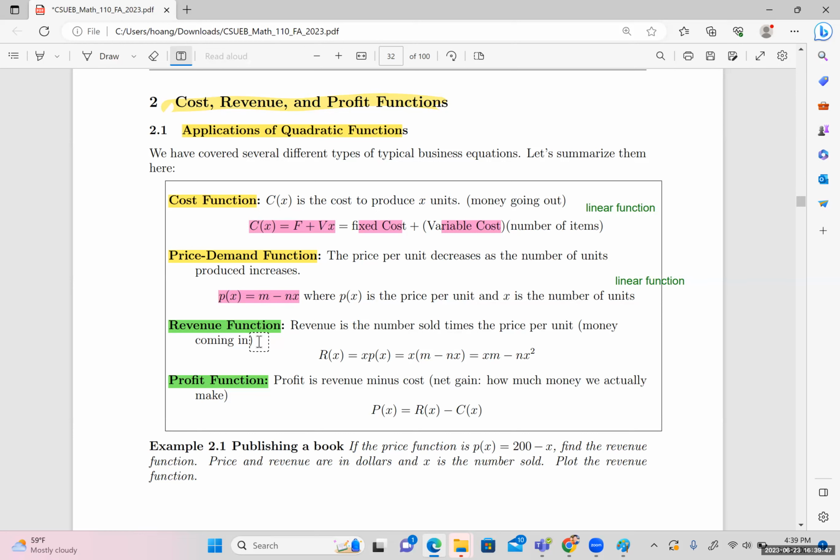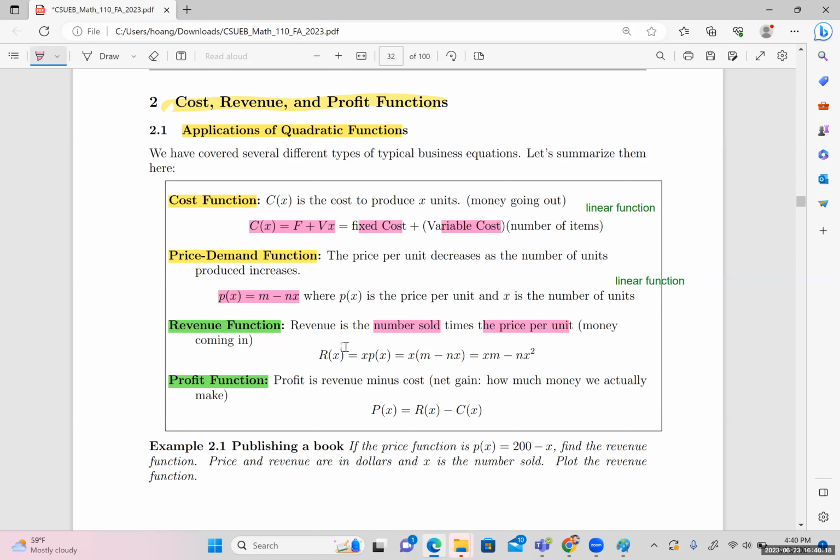So we did learn a little bit about the revenue function, how it looks, and the profit function, how it looks as a parabola, in a previous chapter. Keep in mind that the revenue function is going to be x times p of x.